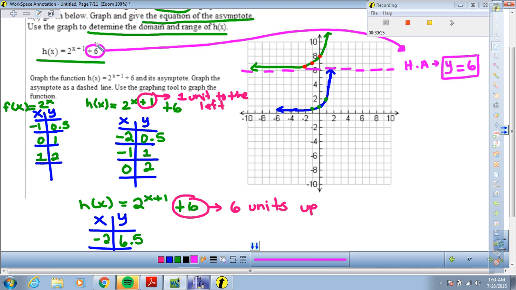Every time whatever number here represents a vertical translation, a shifting up or a shifting down, so many units, that's exactly the value through which you're going to have the horizontal asymptote for the transformed version of this original function 2 to the x. For this one, the horizontal asymptote would be as the original basic exponential function. The horizontal asymptote would be at y equals 0.